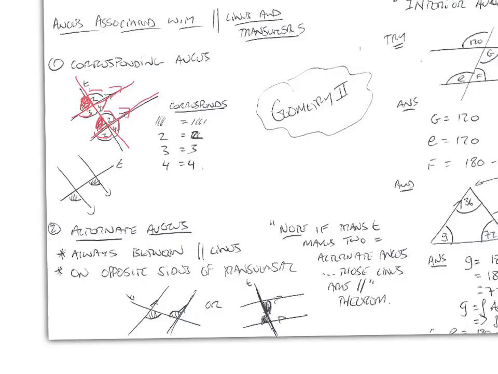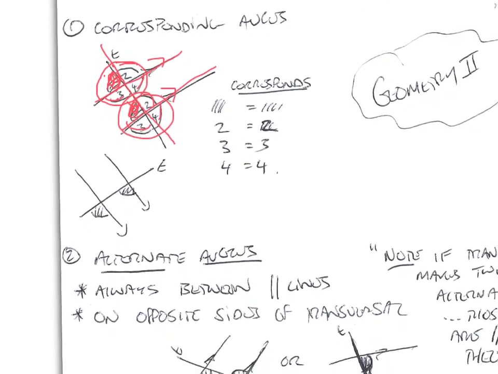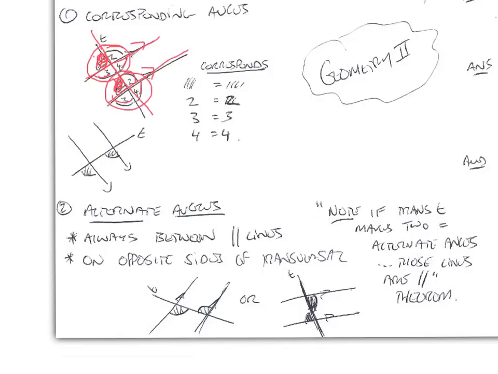If you could imagine that you could cut these four out and place them on top of here, the angles on top of each other are the corresponding angles. So 1 corresponds with 1 there, 2 corresponds with 2, 3 with 3, and 4 with 4. Okay, as we've written here.